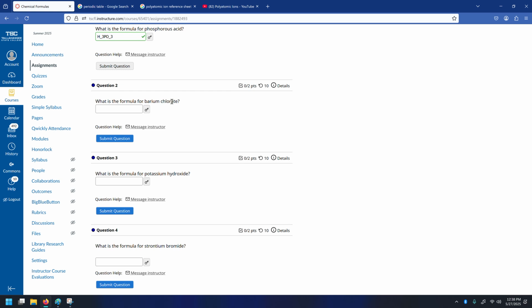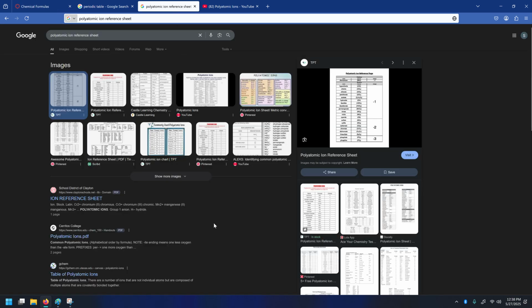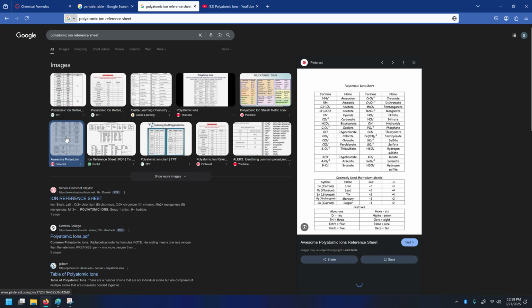And then I'm looking at the other ion here. I see it ends in ate. If it ends in ite or ate, you know it's going to be a polyatomic ion. So I'll take a look at my polyatomic ion reference sheet here, and I'm looking for chlorate, and I see it right there. It's kind of hard to read that one on my screen.